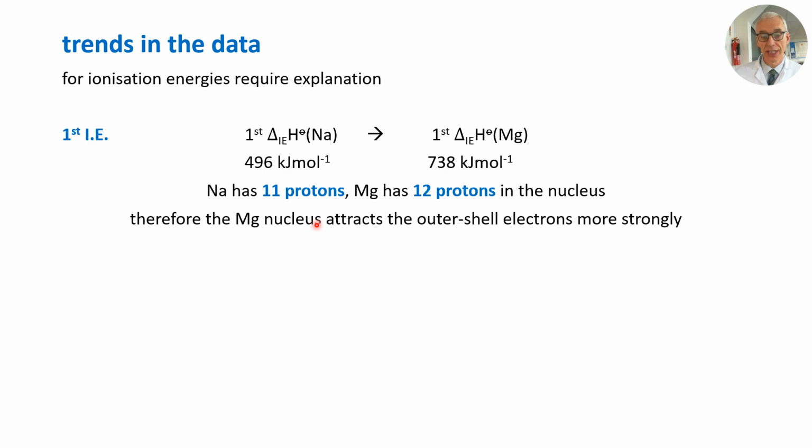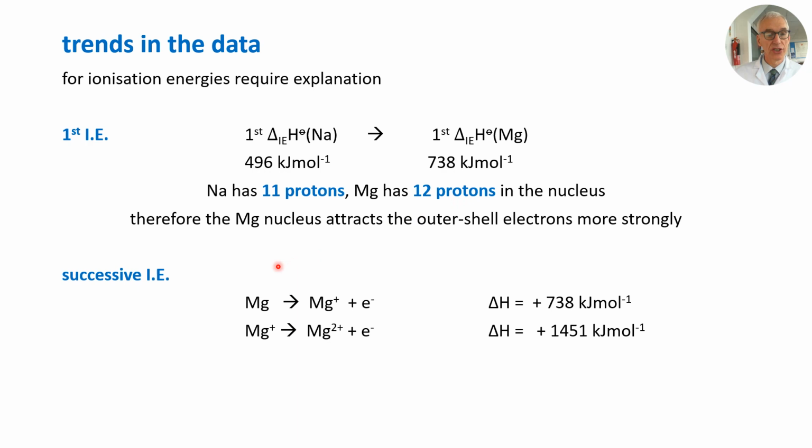Bearing in mind that the distance between the nucleus and the outer shell and the inner shell shielding is the same for sodium and for magnesium. So the only difference is effectively that sodium has 11 protons, magnesium has 12 protons, and therefore the electrostatic attraction for the electrons in the outer shell is stronger in magnesium.